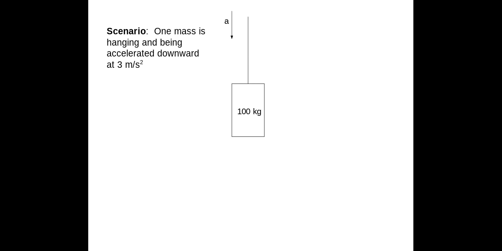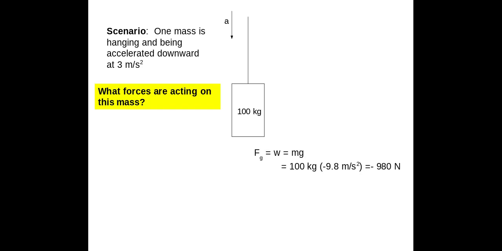So in this example, the object is now accelerating downward. What's going to happen? Again, the weight is still down at negative 980 newtons. The force from tension is still up. That's the force up. But it's going to be less than before.